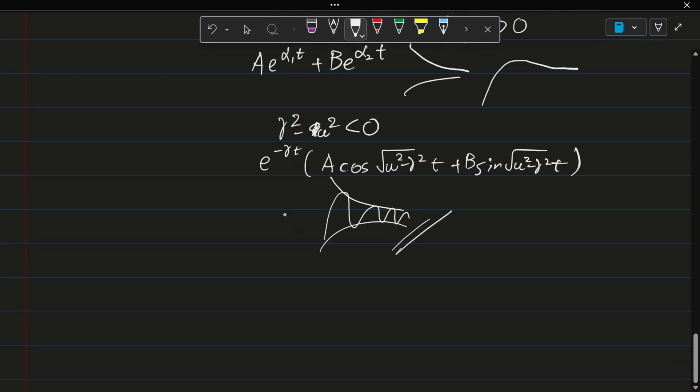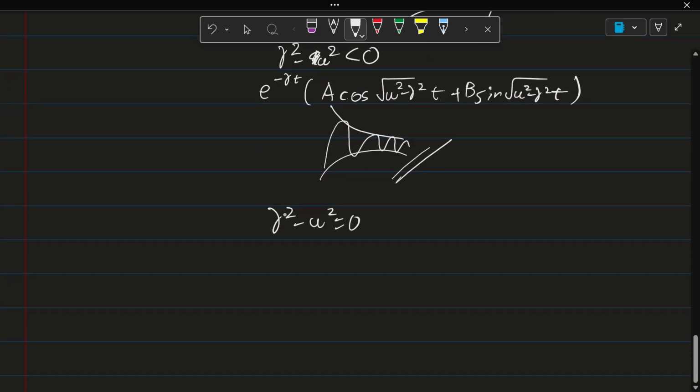But there's a final condition in which gamma squared minus omega squared is 0. When this is the case, you would know that the root will repeat. So alpha 1 will equal alpha 2, which means that this would resolve into two different types of equations. First of all, you know a e to the power alpha t is a solution, and this is technically negative gamma.